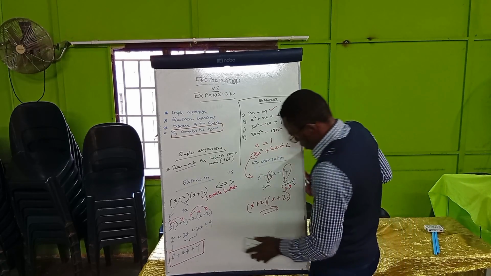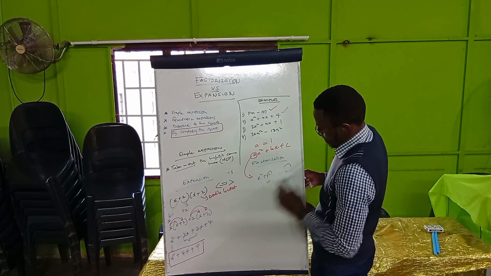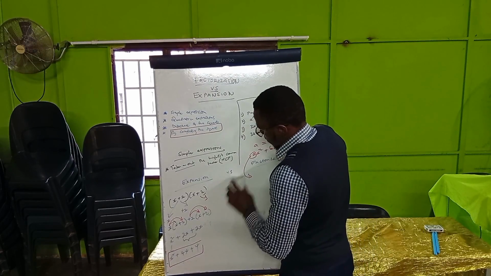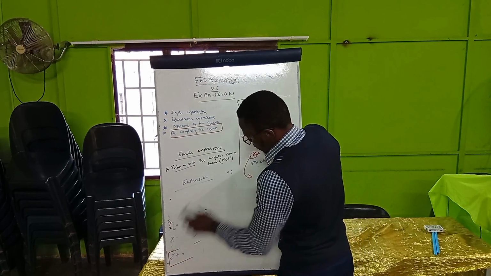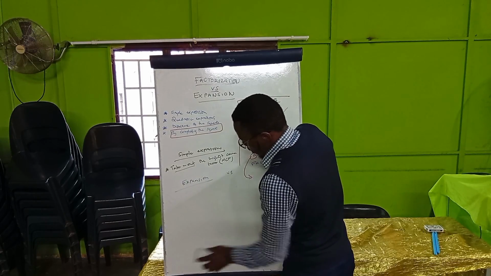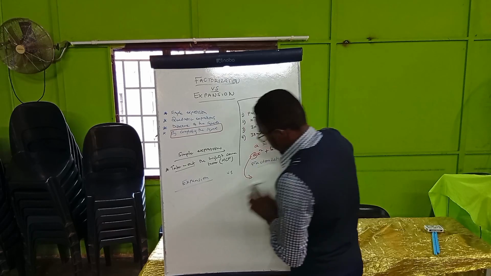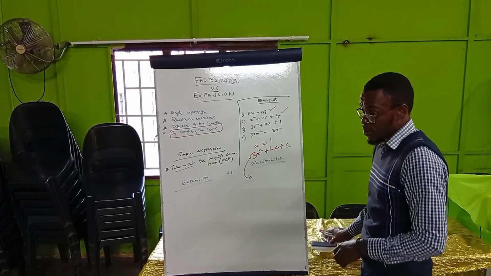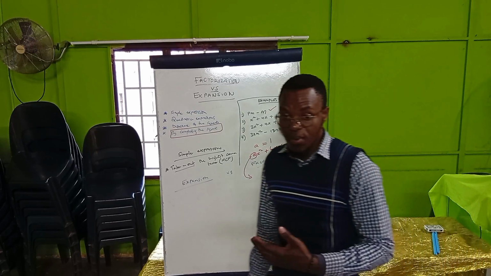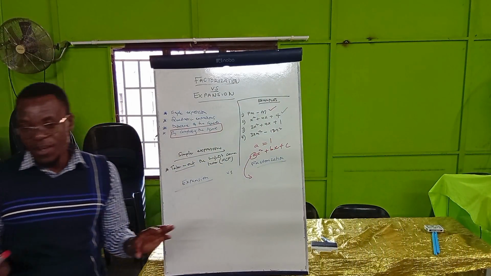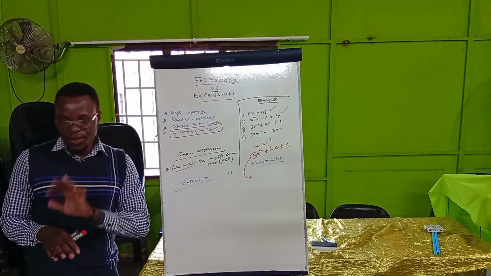Now, the next one which I want to show, still on factorization versus expansion, is a case where, because I'm not sure if you have noted, in the example I just demonstrated the double brackets have the same values. It was x plus 2, x plus 2.